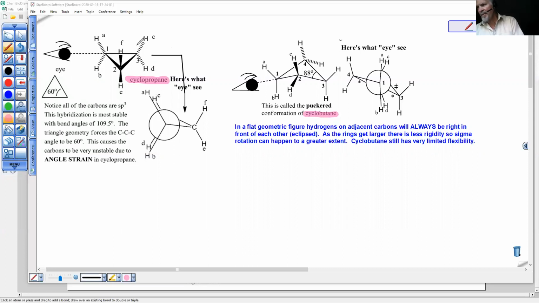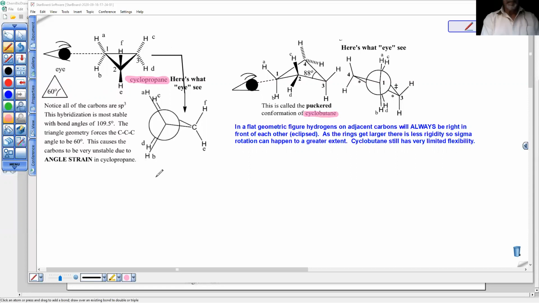And if we go back to our original, that's this and this. There's also eclipsing between B and D. And if I had my eye looking here, there's eclipsing between F and C and E and D. So that's 6 sets of eclipsed hydrogens. This is not a good situation. It's called a form of strain.